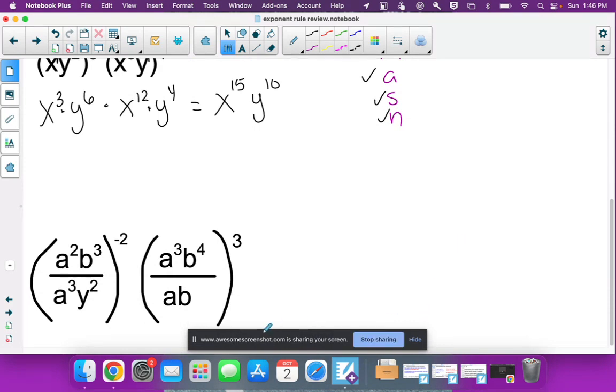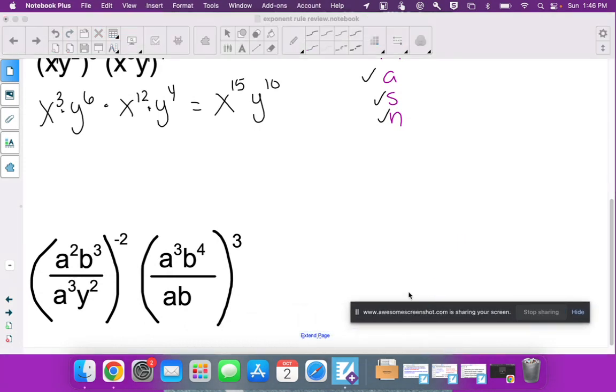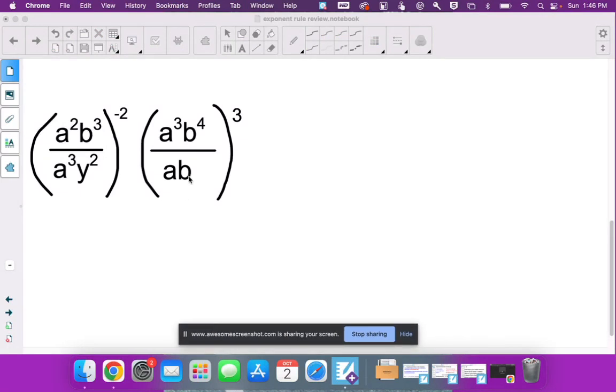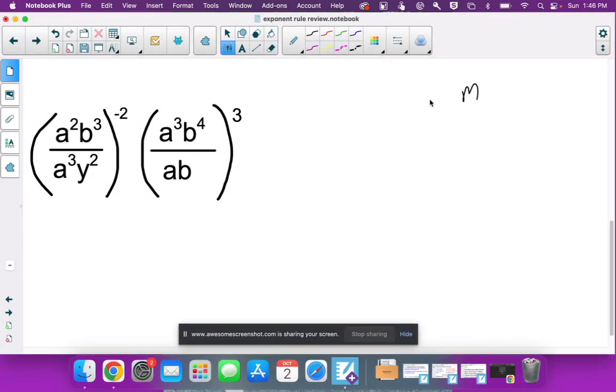All right, so again, multiplication, addition, subtraction, negatives. So multiplication rule first. I have to multiply every exponent in my first parentheses by -2. So -4, -6, -6, -4.